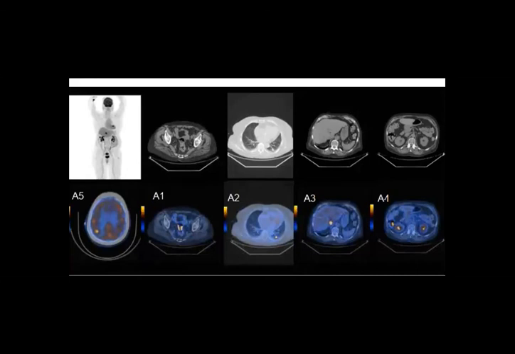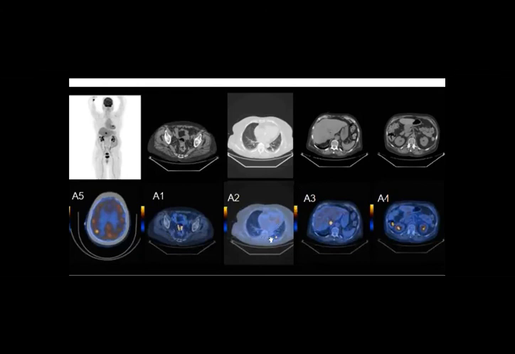Okay. What do you think about this case? This patient did initial staging, and you can see that there is something in the rectosigmoid, and when you go to see the uptake, is it high uptake or low uptake here? You can see it.